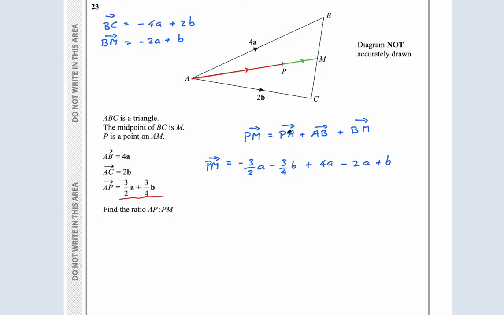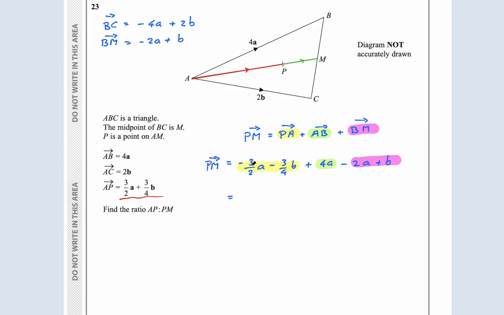Let's try and explain this. PA, guys, is this. AB is this. It is also given. And then BM is this. Okay, simplify all of this. Get my a's together.